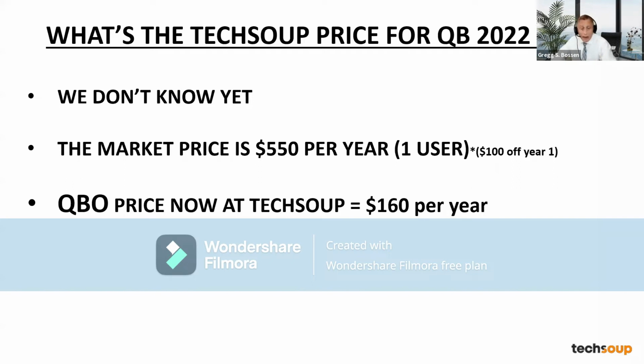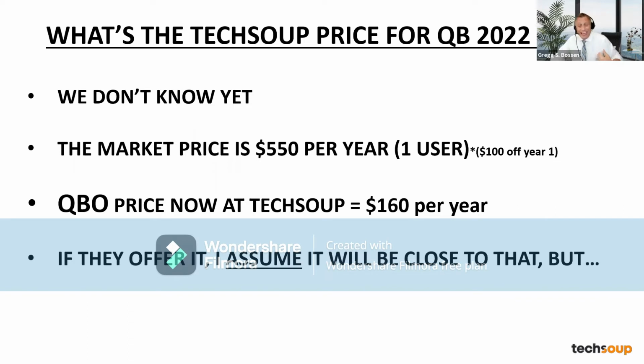QuickBooks Online right now, which you can get through TechSoup, is only $160 a year for QuickBooks Online Advanced. So my assumption is that if they are going to offer QuickBooks Desktop 2022 on TechSoup's page, their annual subscription price will be close to $160 a year. It certainly won't be the $550 because they've got to give it at a discount if they're offering it on TechSoup's website.